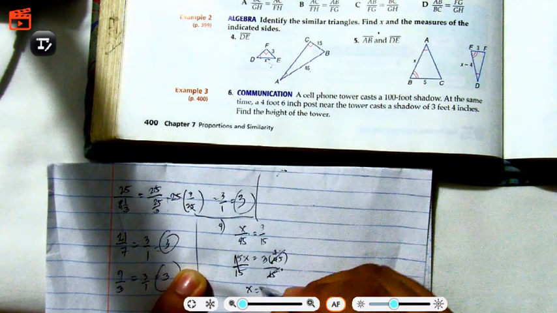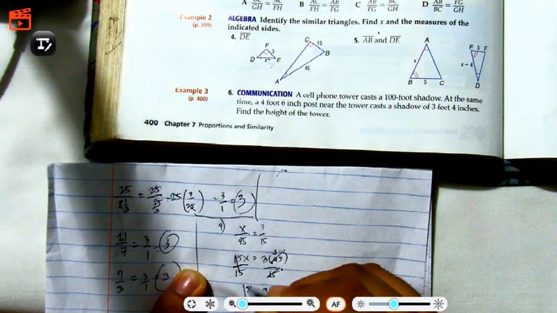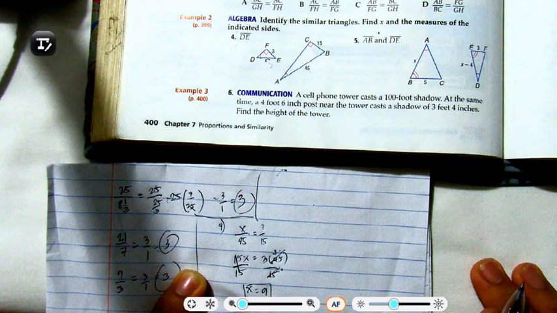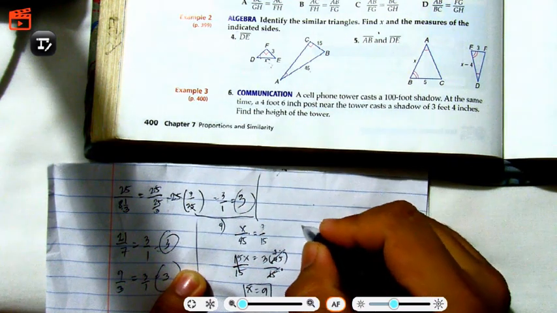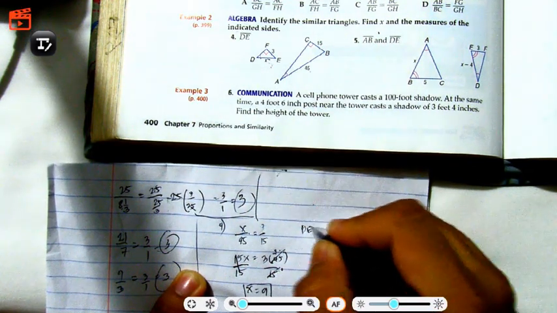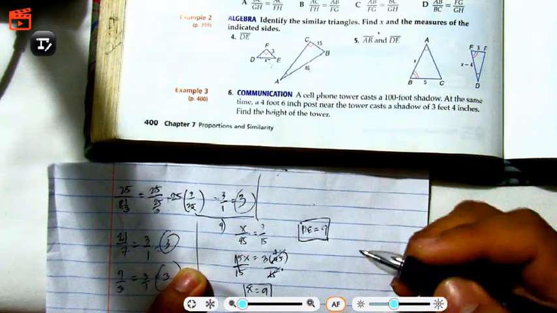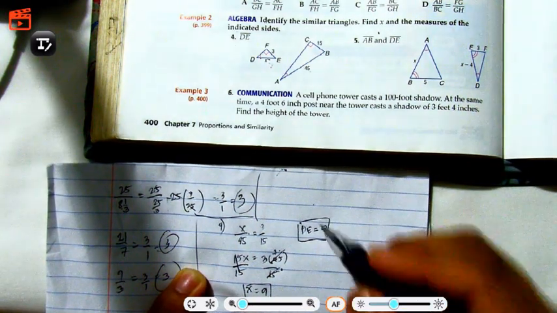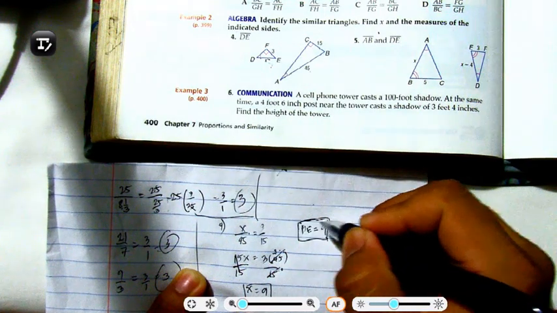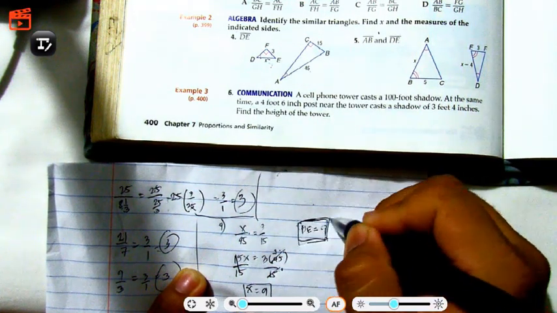So x is 9. So if x is 9, DE is equal to 9. Don't say x is 9 equals DE. That's laziness. You have to write it as a second answer that DE is equal to 9.